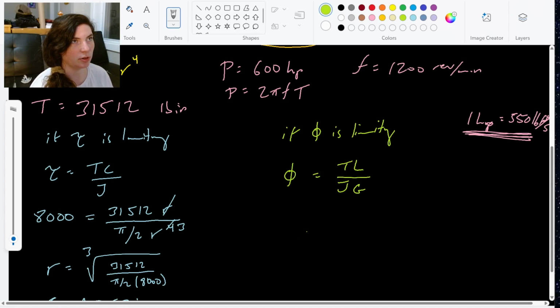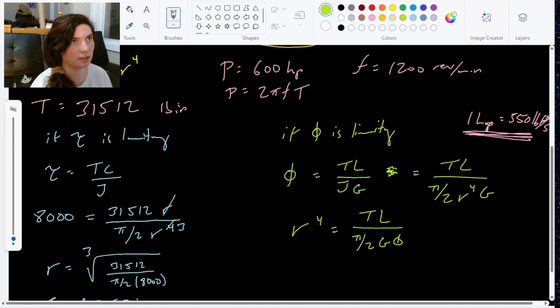So I might actually rearrange this one first before we start plugging numbers in. This is TL over pi over 2 r to the 4th G. So if we solve this, r to the 4th is TL over pi over 2 G theta.